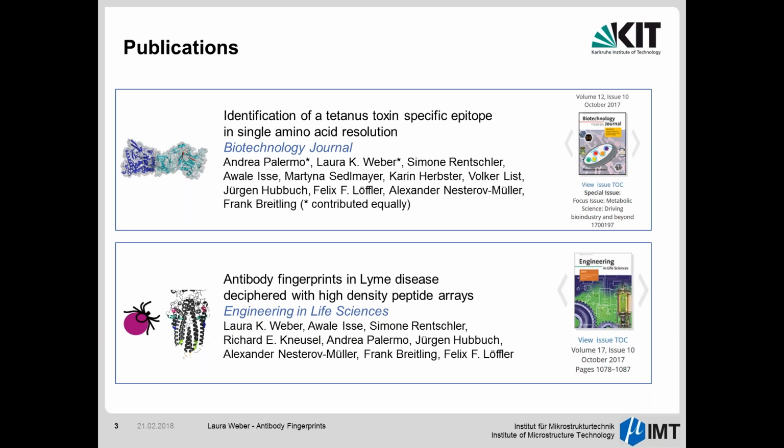Subsequently, in the second study, we investigated antibody fingerprints of Lyme disease patients against an immunodominant antigen of B. burgdorferi. This study was published in Engineering in Life Sciences, also in 2017. In both studies, a well-established method for the investigation of antibodies was combined with a new step to increase the resolution of the specificity.